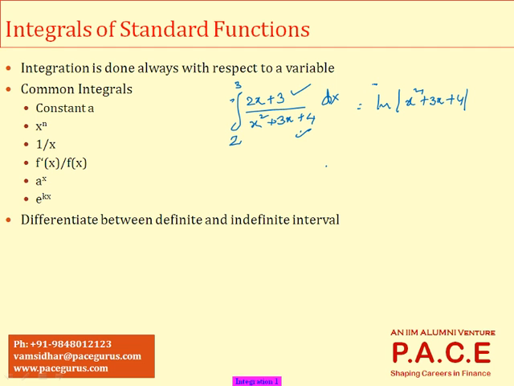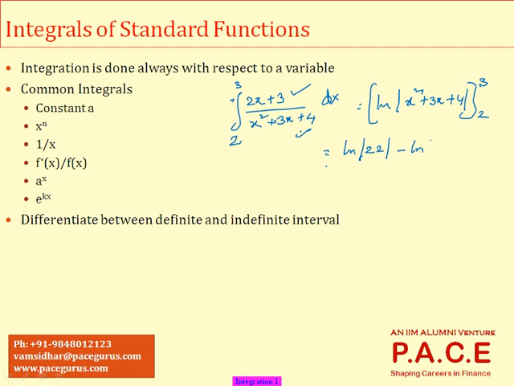And because it's a definite integral, this entire thing I will bound between 3 and 2. What that means is, first I substitute 3 in this expression: log of 3 squared, 9, plus 3 into 3, 9, 18, plus 4, log 22, minus, now substitute 2: 2 squared 4, 2 into 3 6, 10, plus 4.